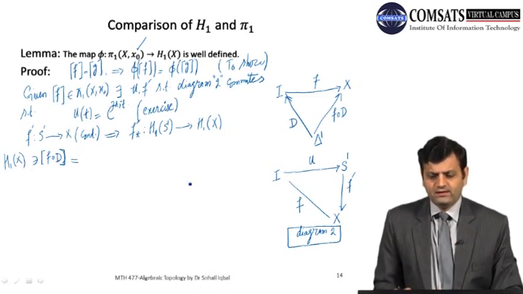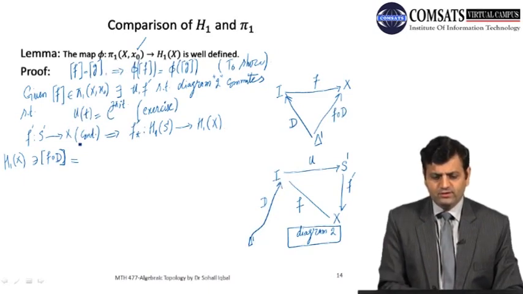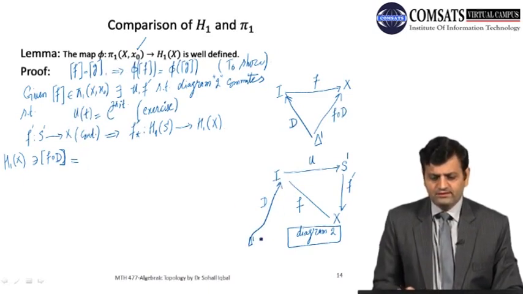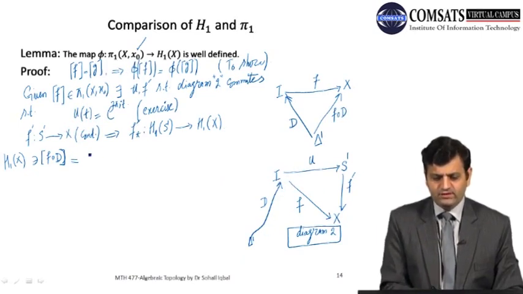There is this map D, which is from the standard 1 simplex to I. So this f composed with d can also be written as f prime composed with u composed with d. First apply d, then apply u, and then apply f prime.